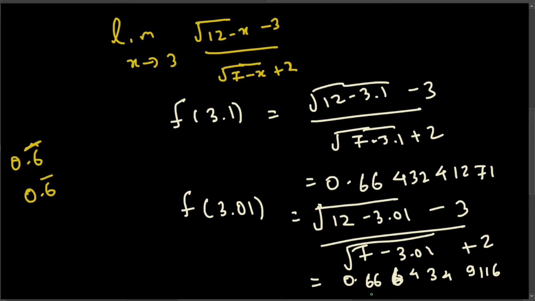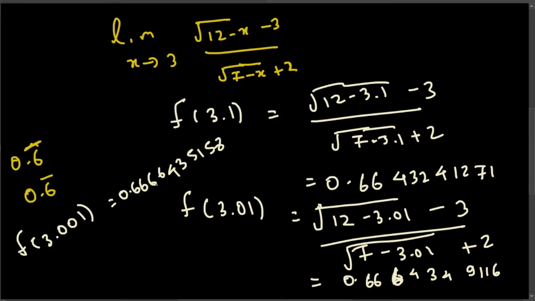Now to see an even more accurate answer, you can substitute 3.001, and if you plug that one in this equation, you will get 0.666435158.